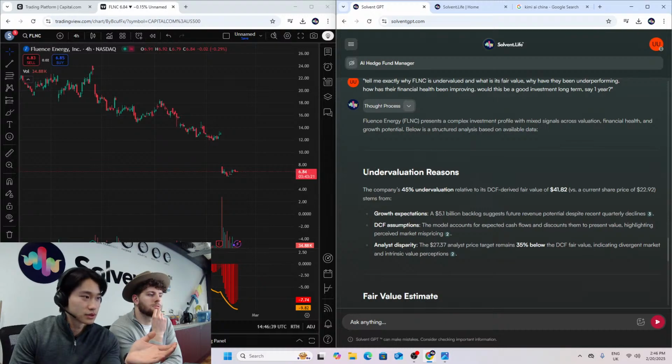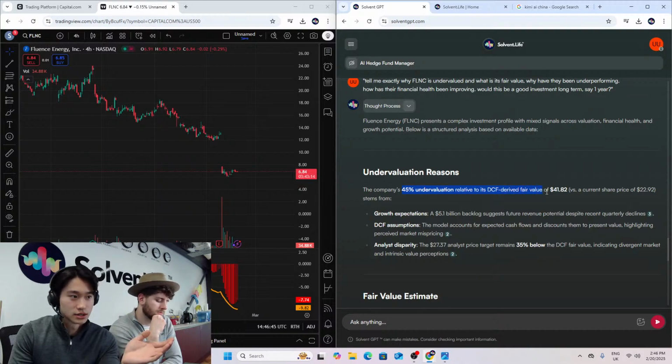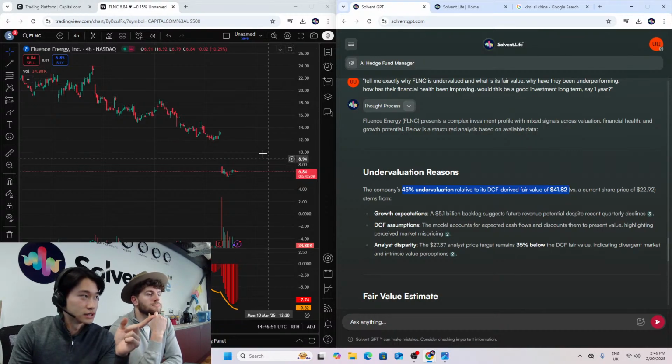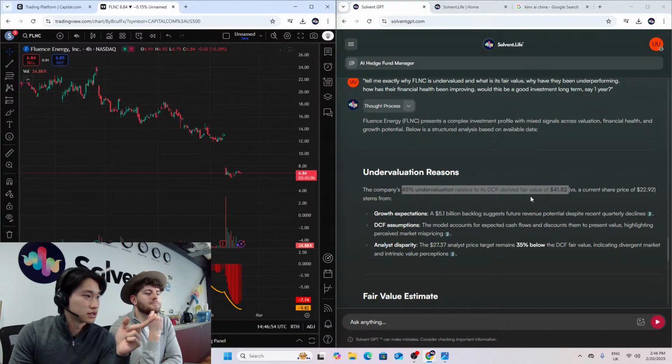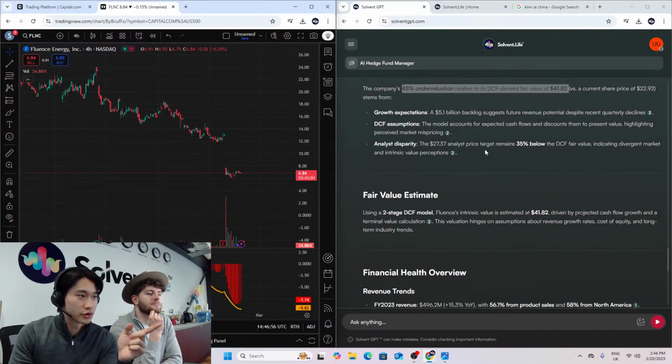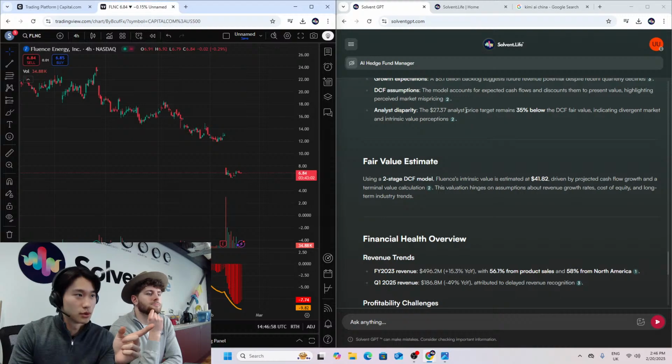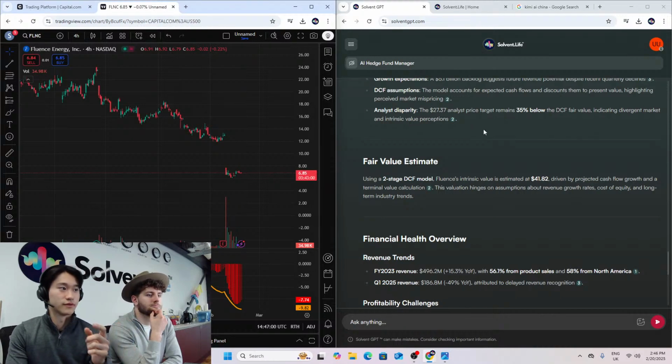Undervaluation reasons: the company is at a 45% undervaluation relative to its discounted cash flows, with a derived fair value of $41, and it's currently at $6.84. Growth expectations: a 5.1 billion backlog suggests future revenues.